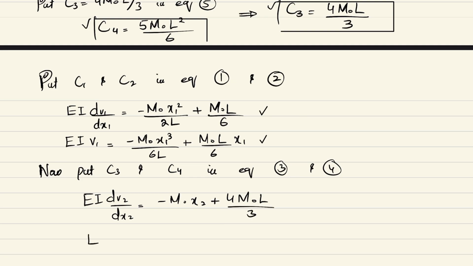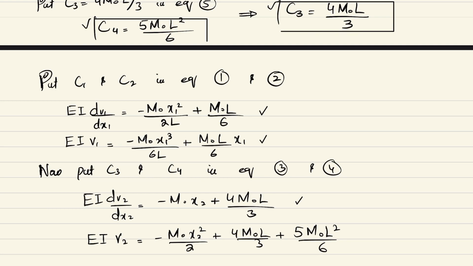And when you put it in equation 4, you will get EI into V2 equal to minus m naught x2 square over 2 plus C3, which is 4 m naught L over 3, plus C4. C4 is 5 m naught L square over 6. Now this is the equation of slope for coordinate x2, and this is the equation of the elastic curve for coordinate x2.